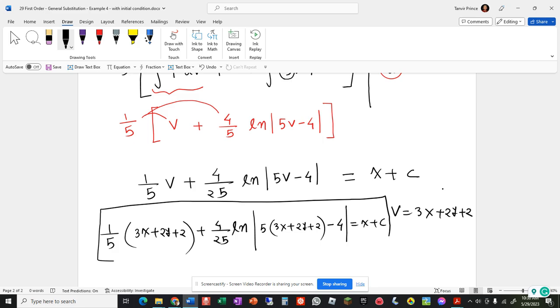So that will be my implicit general solution. So that's the implicit general solution.